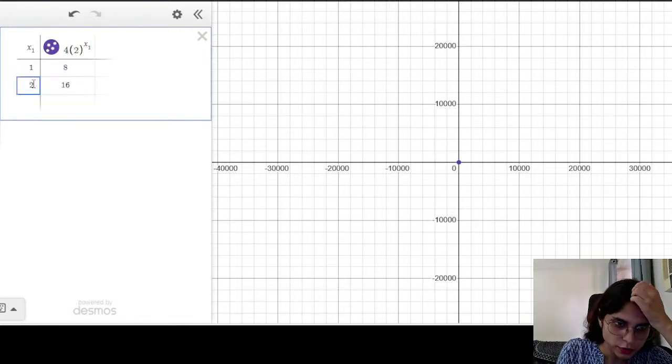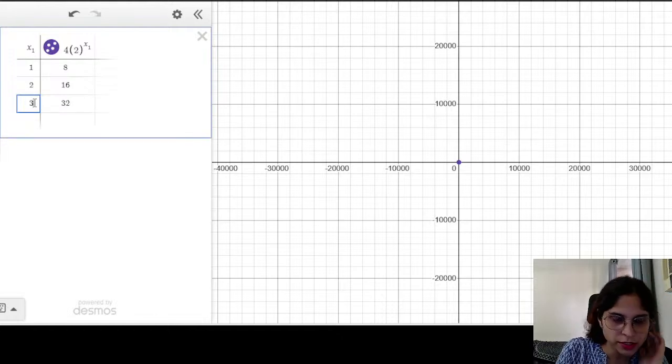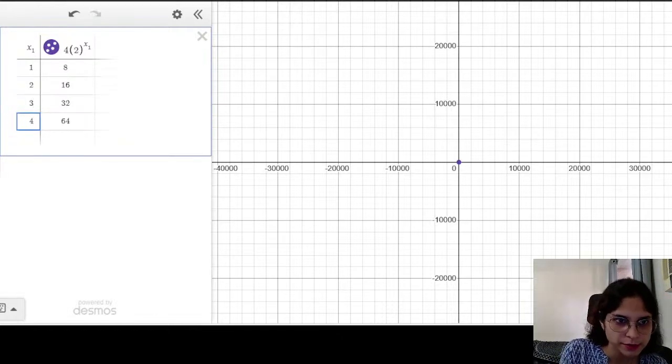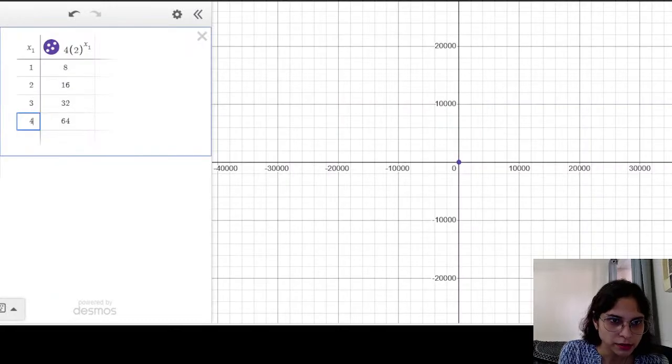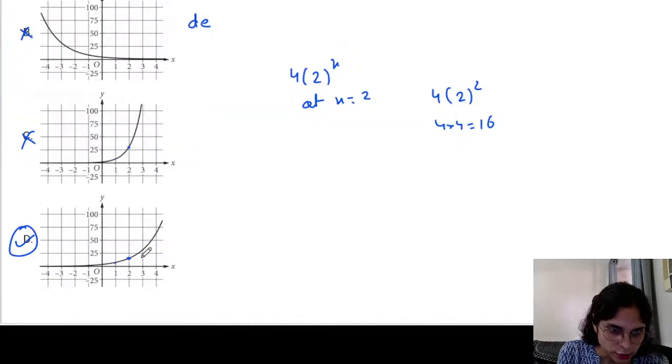So it directly gives you the values. At 2 it should be 16, at 3 it should be 32, and at 4 it should be 64. And now you check the options. At 1 you should be getting 8, at 2 you should be getting 16, so this is the only option. At 3 you should be getting 32. So at 3 it has to go above 25. This is going way beyond, so this is the correct option.